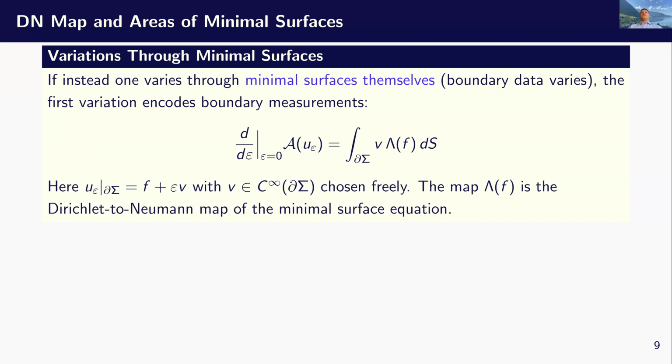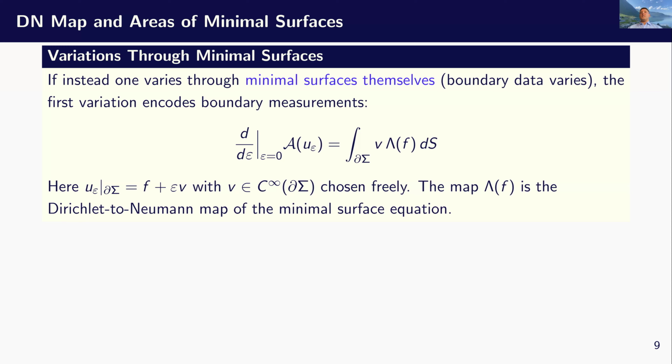You can also vary the area functional through minimal surfaces themselves. So consider now a one parameter family of minimal surfaces given as graphs of functions u_epsilon. We give u_epsilon boundary value f plus epsilon v, and then we differentiate the corresponding areas of these minimal surfaces.